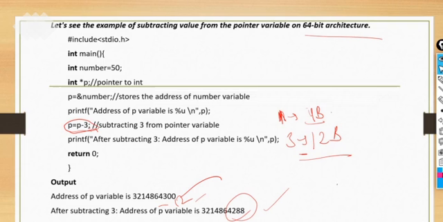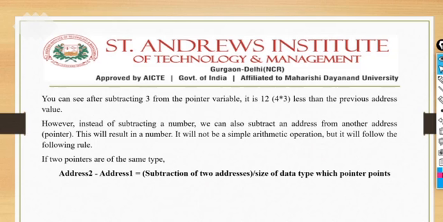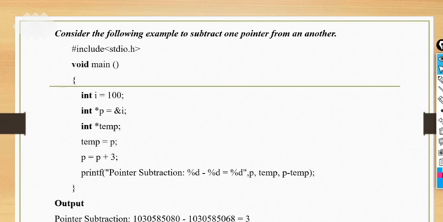So next, what do we have? It was all about arithmetic operators on pointers, right? This is the explanatory part for subtraction. This is another example of subtraction, where you are subtracting one pointer from another pointer. We have taken 2 pointers. Pointer P has the address of I, and temp is another pointer, and we pass P to temp.